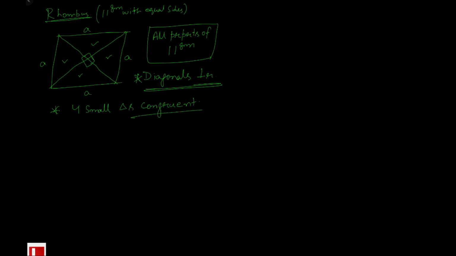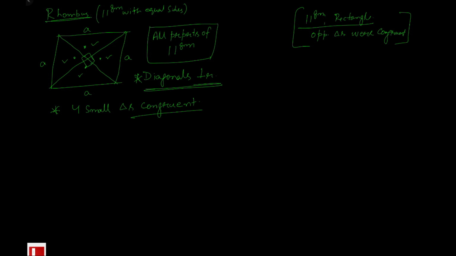In case of parallelogram and in case of rectangle, only the opposite triangles were congruent. That means this one and this one. In case of rhombus, all four are congruent. Okay. Just to notice, areas are still equal. It's just that now they are superimposable on one above the other. So all four small triangles are congruent.